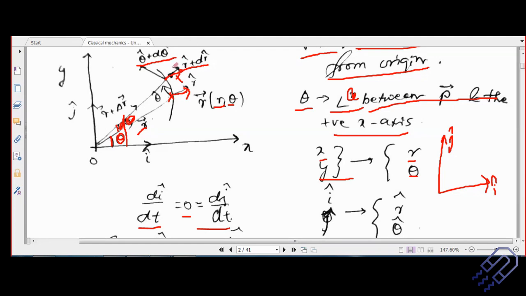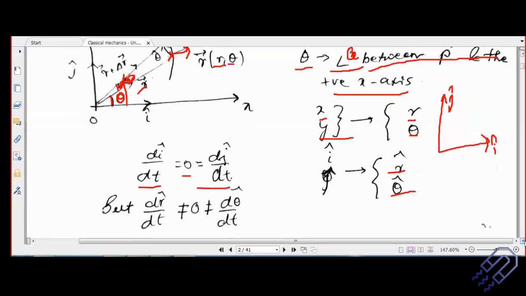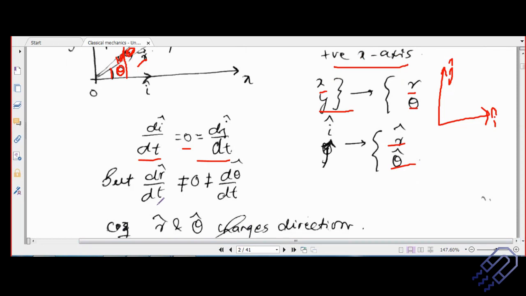So that is the reason that we cannot represent it by i cap. Not possible. We are representing it by r cap and theta cap because the direction is going to change. Bit more on that. That means that if I take the differentiation with respect to time for r cap, it cannot be 0, because this r cap will keep on changing and this theta cap will also keep on changing. See, this was theta, it became d theta, and then it will become something else.